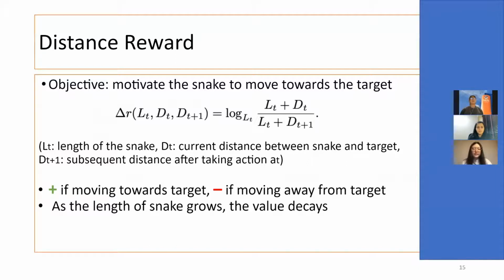Besides that, as the length of the snake increases, the value of this reward decreases. This means that as the snake grows longer, more tolerance is given for it in order to prevent it from crashing into itself.